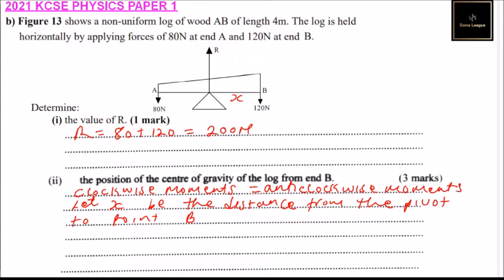Since we are told the length of the log is 4 meters, the distance from the pivot to A is 4 minus x.